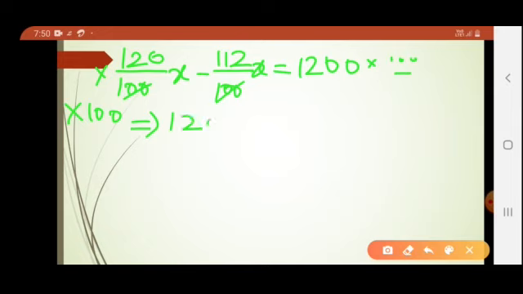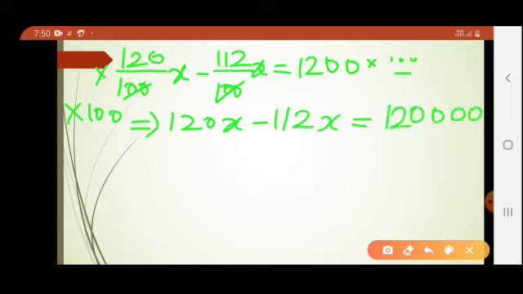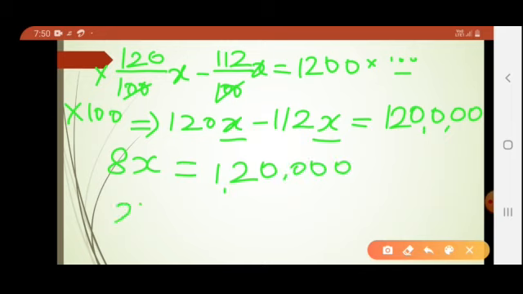So 120x minus 112x equals 1200 into 100, so 2 more zeros we need to add. Clear? Now 120 minus 112 is 8, so 8x equals 1,20,000.